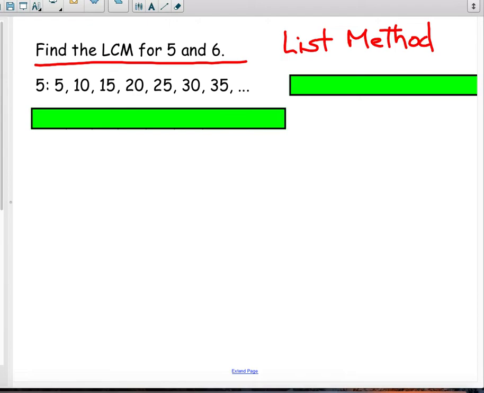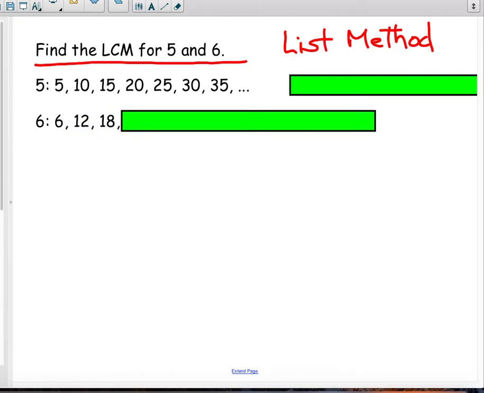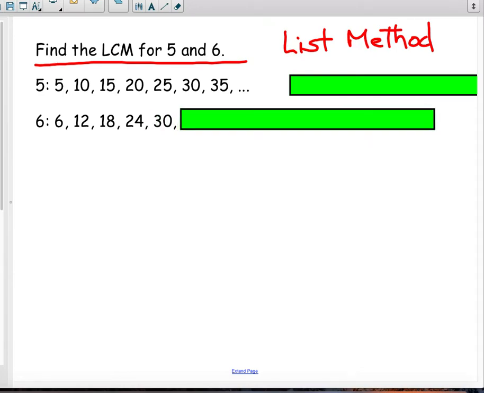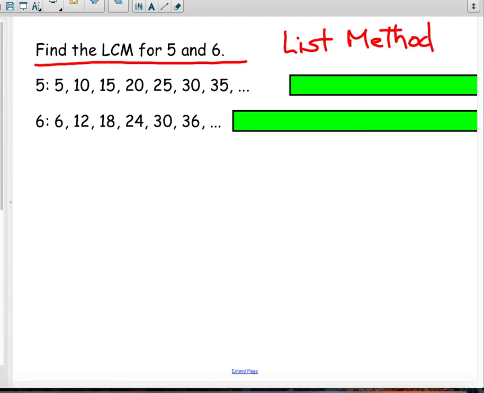The multiples of 6 that we would list would be 1 times 6 is 6, 2 times 6 is 12, 3 times 6 is 18, 4 times 6 is 24, 5 times 6 is 30, 6 times 6 is 36, and on and on. Now we can identify the least common multiple, and that would be 30.